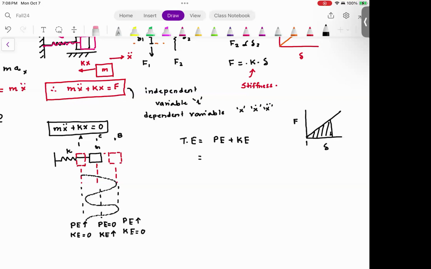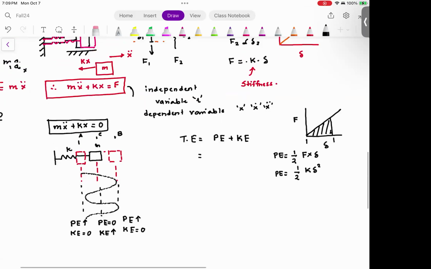So the energy stored in the spring is F times delta multiplied by half because it's a triangle. F is K times delta. So half K delta squared is the energy stored in the spring, potential energy.